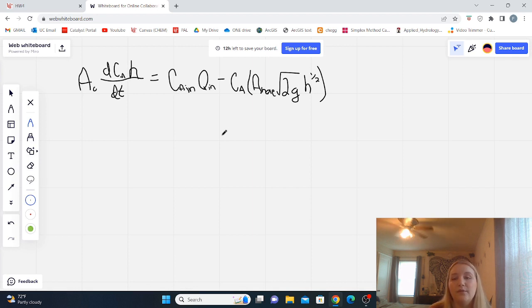Okay, so now what we can do with this is we pulled this cross-sectional area out so we can divide that over, and then also we're going to need to apply the product rule.